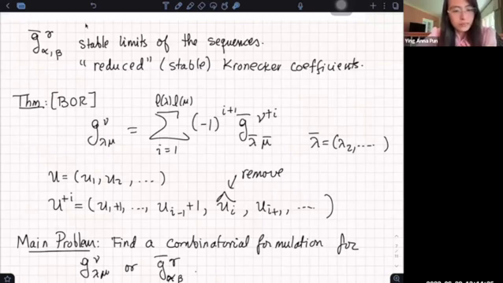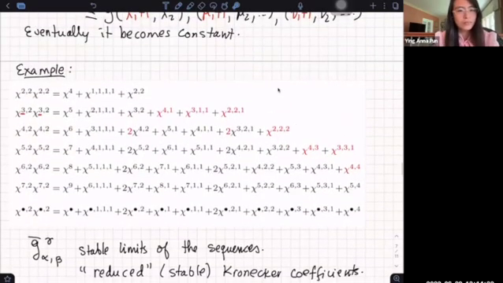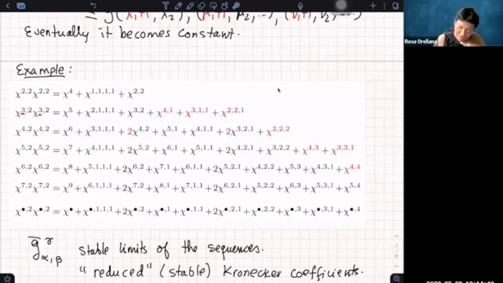I also have a question. So earlier you were talking about the stability. Do we know what the criteria is for the smallest point where it starts to stabilize? Like in this example, it stabilized at 6.